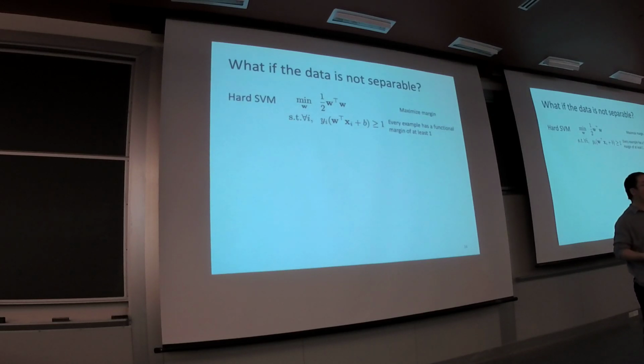Whenever you correctly predict an example, the function margin is non-negative. So if the data is not linearly separable, that means for arbitrary model parameters, there always exists at least one training example such that the function margin is less than 0. That means the set of constraints for all the training examples will never be totally satisfied. Basically, it says there is no feasible region, or the feasible region is empty. So what's the feasible region?